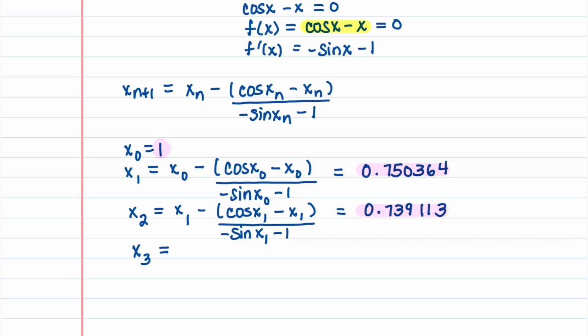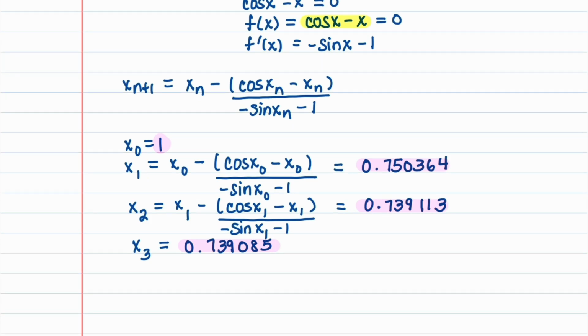Let's just take x2, put it into that formula, and we get the value 0.739085. Now we compare x3 to x2. They're getting really close, but they're not exactly the same, so we have to do it again. And we need to find x4.